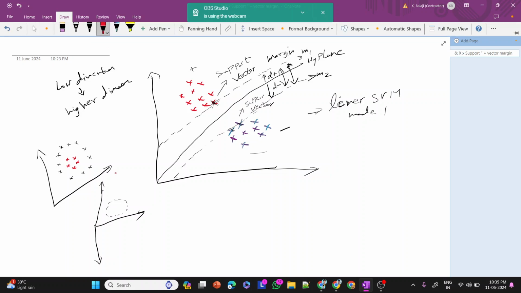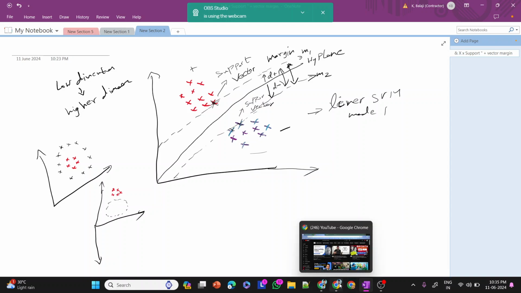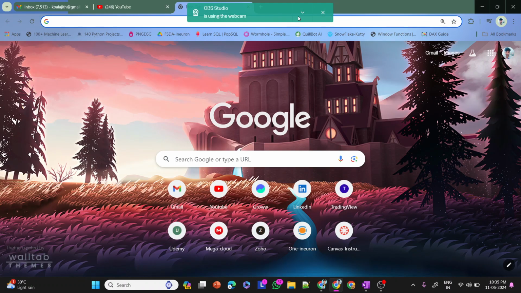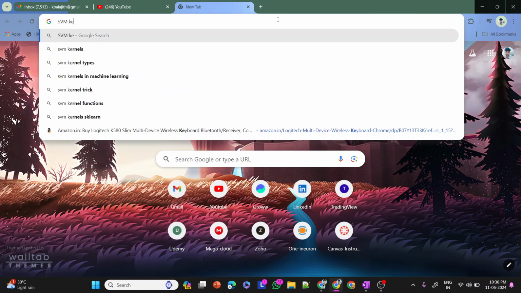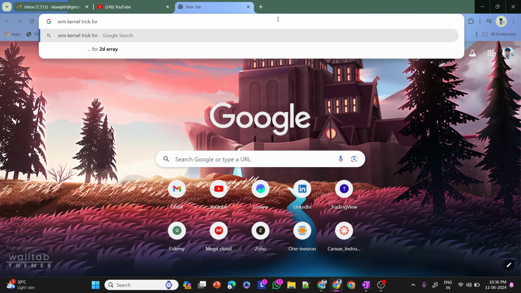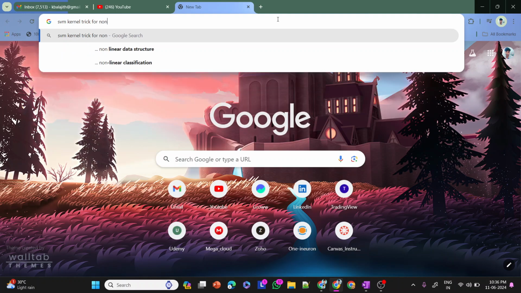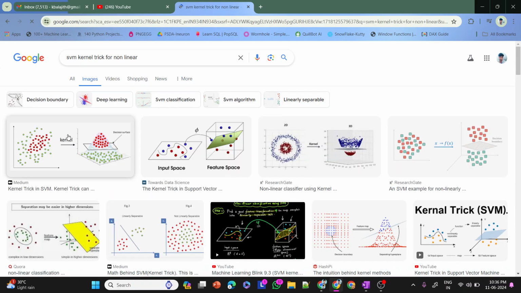So whenever you plot the data in this dimension, we can get data like this. We can see this in a 3D image for the SVM kernel technique for non-linear data.